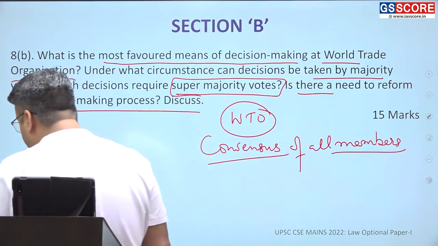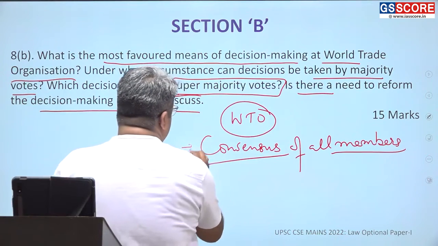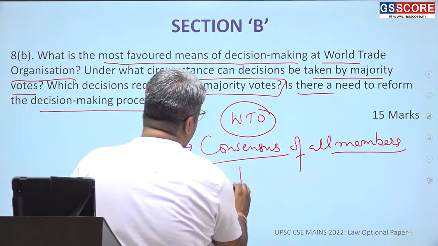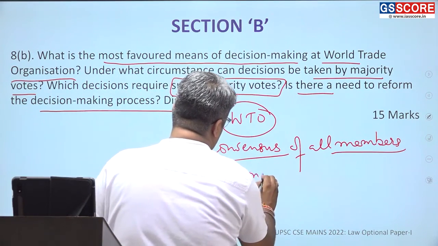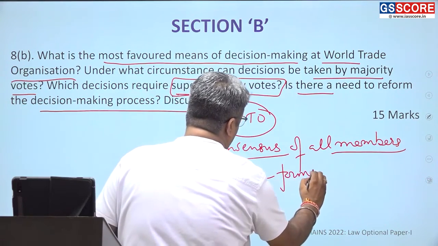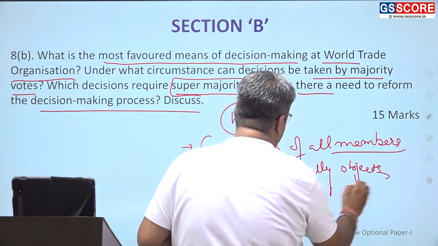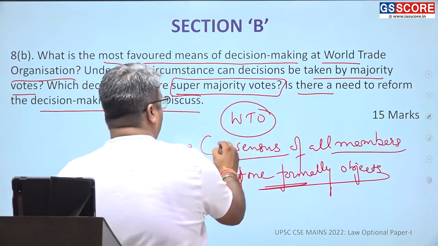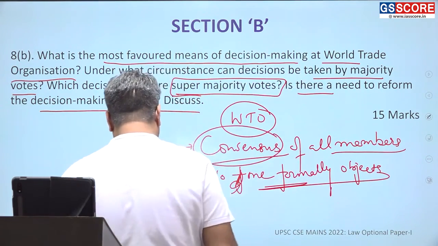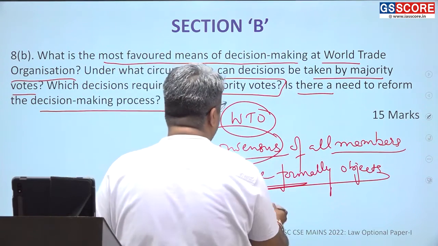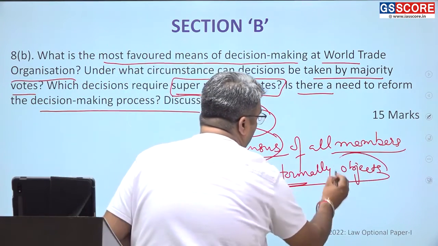But generally what happens in consensus, if no one formally objects, in such a case we generally follow the consensus. But what happens if someone is giving an objection?